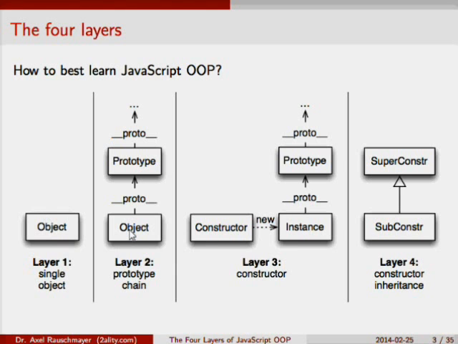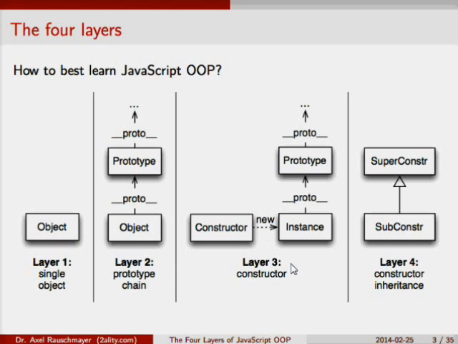Afterwards, I will move on to something that is traditionally considered an advanced topic, but I think it makes the later content easier to understand, and that is prototype chains. Prototype chains are about creating chains of objects via the so-called prototype relationship.